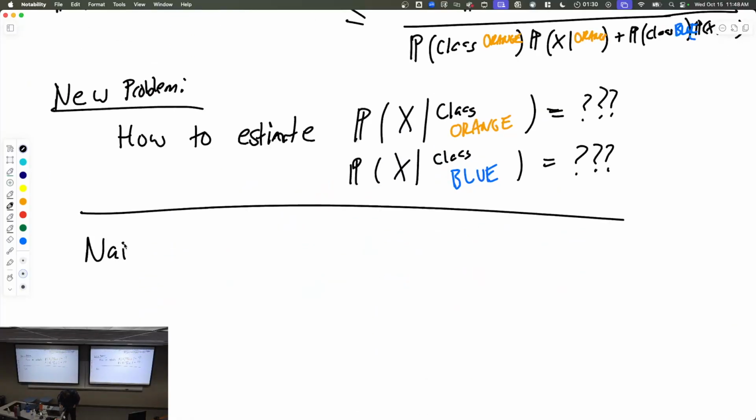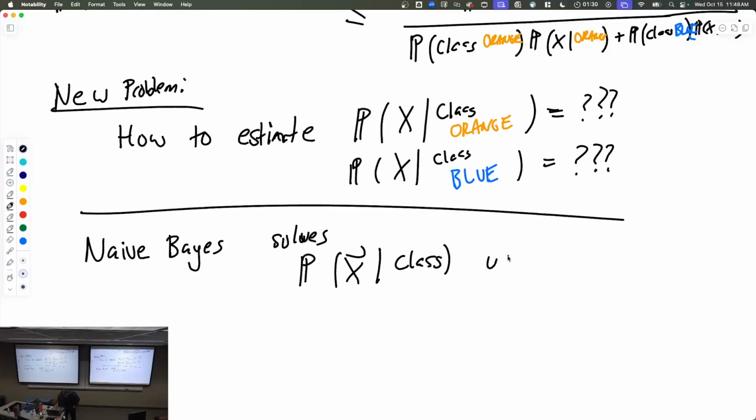Naive Bayes lets you upgrade from one dimension to multiple dimensions. Naive Bayes solves the probability of x, the vector, given the class, using the probability of x, the scalar, given the class.